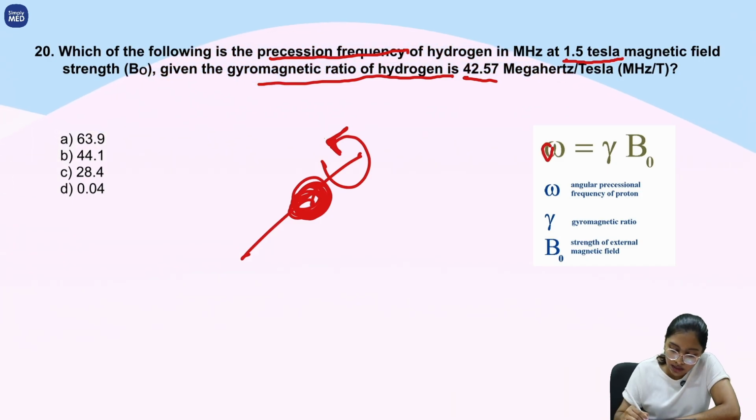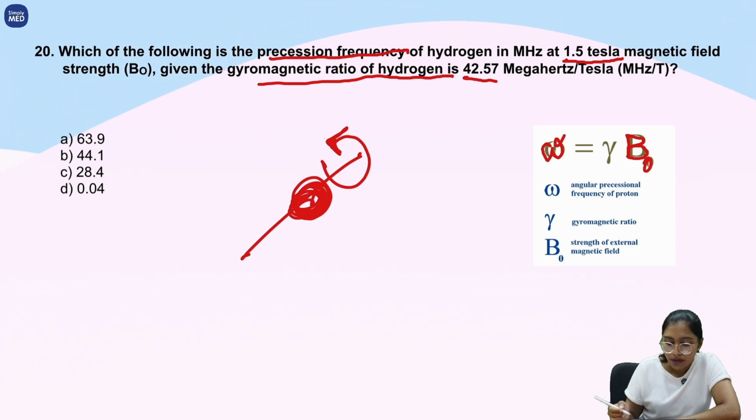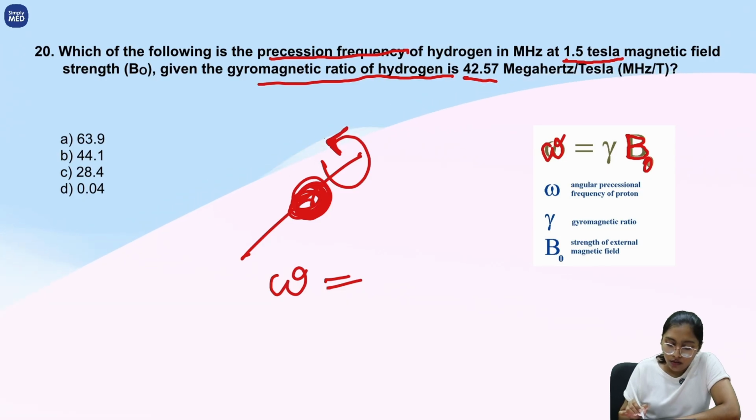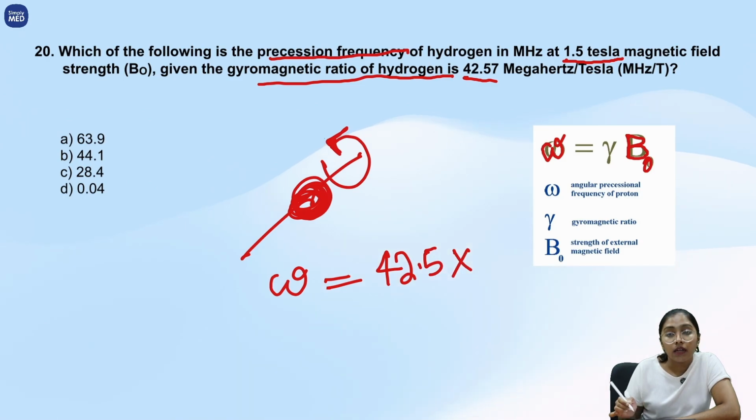We denote it with the letter omega. Larmor frequency is equal to gyromagnetic ratio into magnetic field strength B naught. So omega is equal to the gyromagnetic ratio of hydrogen, 42.57, into the magnetic field strength used here, 1.5.